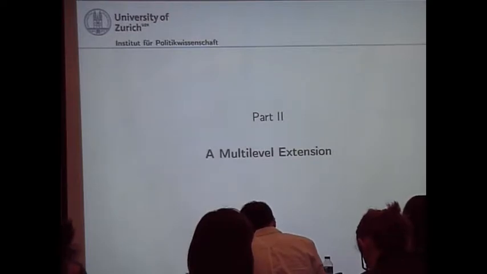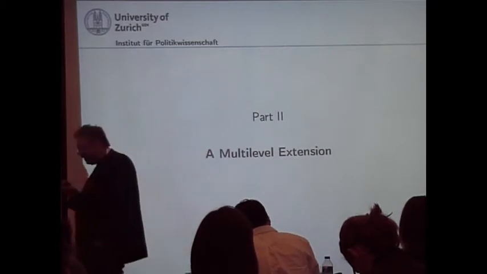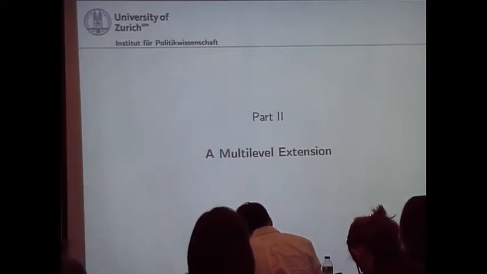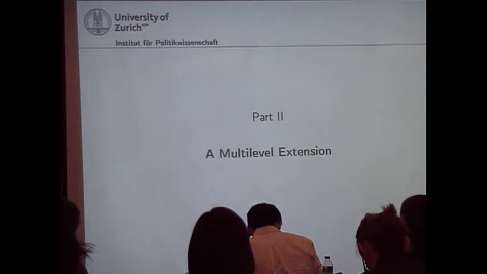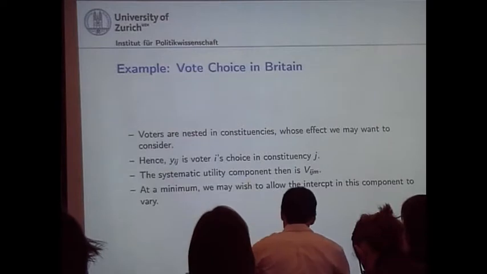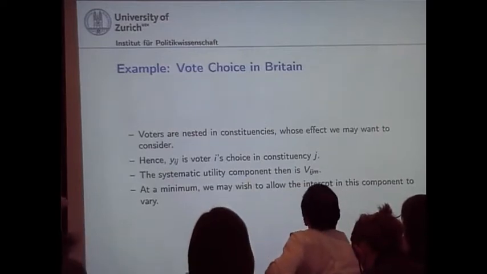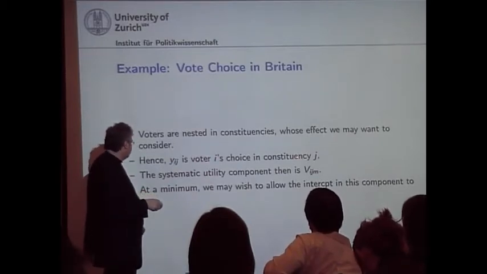random intercept model. To say we have this beta 0 that is associated with the different alternatives, but in addition to having that beta 0, there's a random component that is due to the different districts that can come into play. So voters and estimating constituencies, therefore Yij is voter i's choice in constituency j.